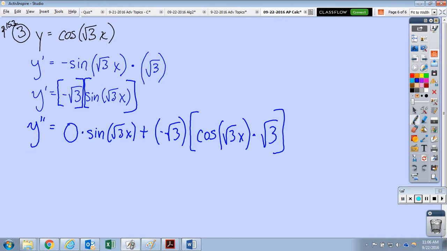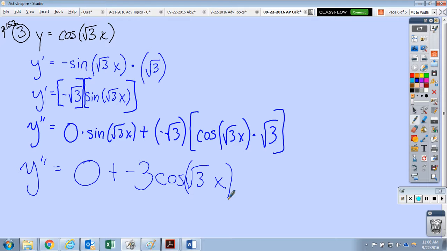So then, of course, this goes away to nothing. So y double prime would be equal to 0 plus, if you simplify this, negative root 3 times square root 3 is negative 3. So plus negative 3 times the cosine of the square root of 3x.